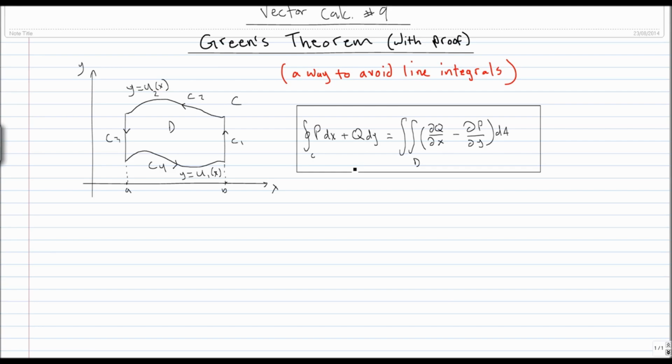Okay? So C is the curve that encloses the region D, and C comprises the curves C1, C2, C3, and C4, where C2 is a function of x, and C4 is a function of x. Obviously, C1 and C3 can't be functions of x because they're vertical lines. They're the lines x equals a and x equals b.